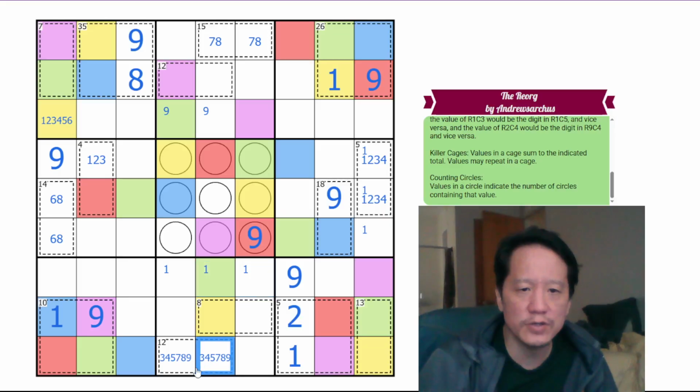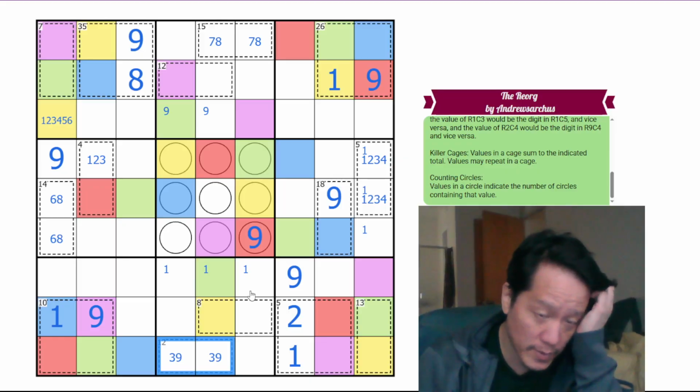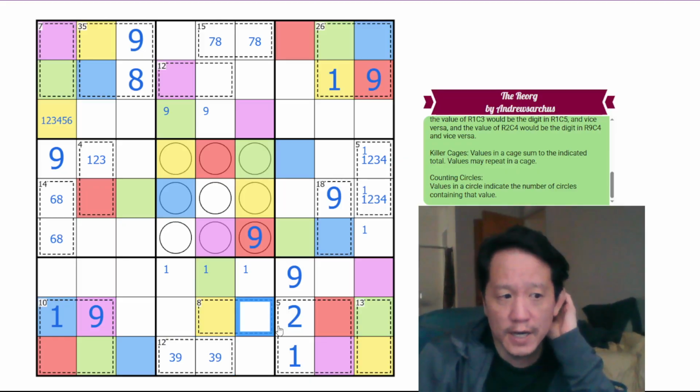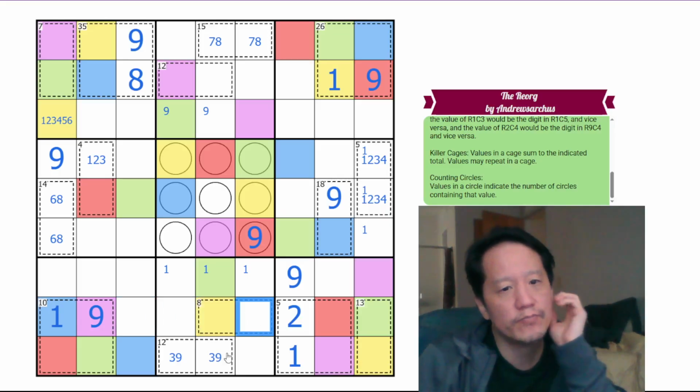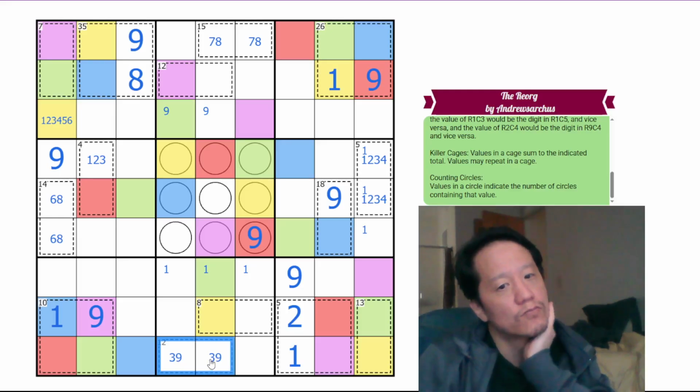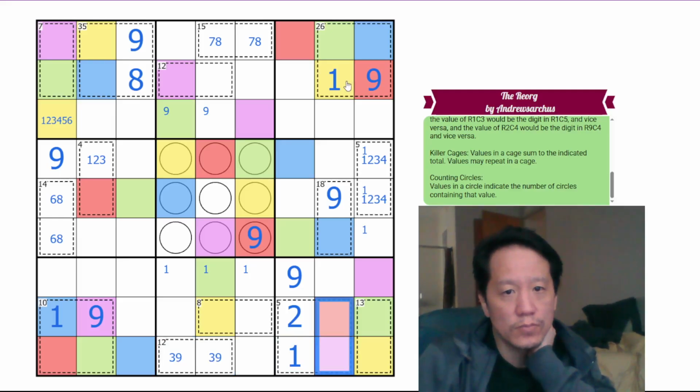And this can't be 9 here, this can't be 9 here, this can't be 9 here. This must be a 3-9 pair. Which means this cannot have 3 here. 1 has to be one of those 3.